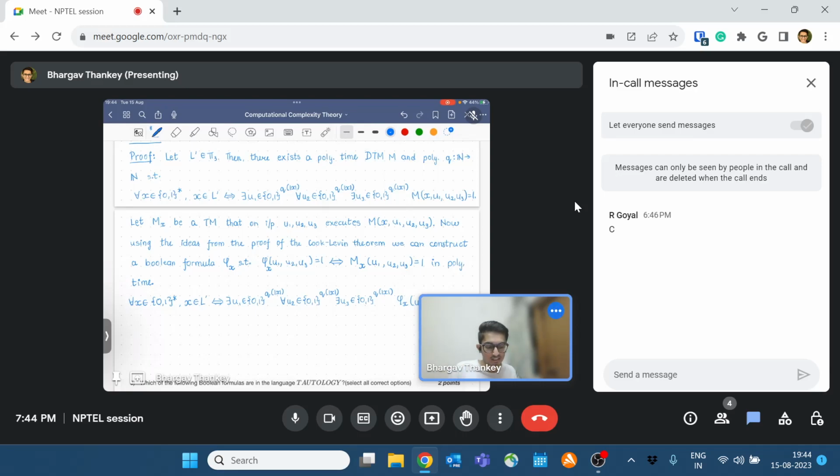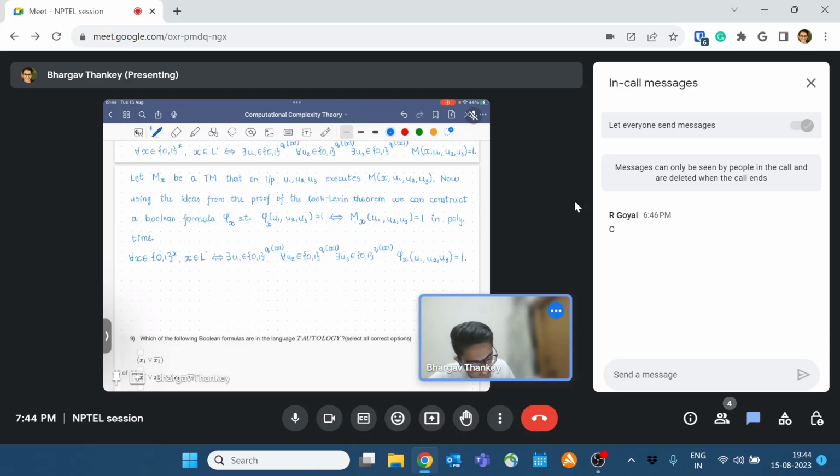So the function that maps x to phi x is polytime computable, and the double implication holds.